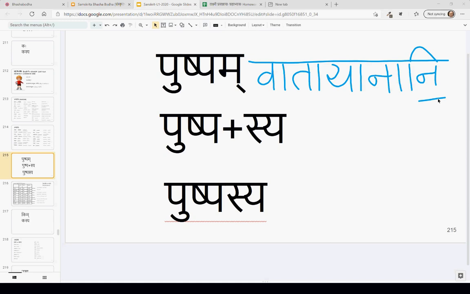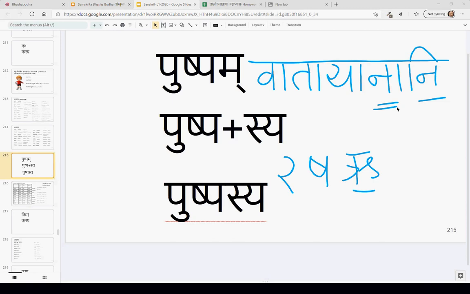Why? When does it change to na? Anybody? Anyone can help? You should have a ra, sha, and one more alphabet preceding the na. Ra, ru. So preceding the na, any na in a single word.